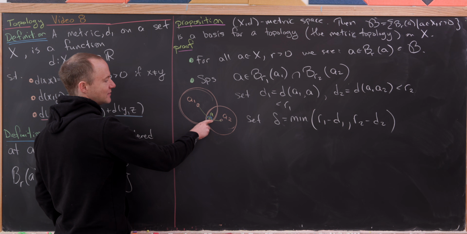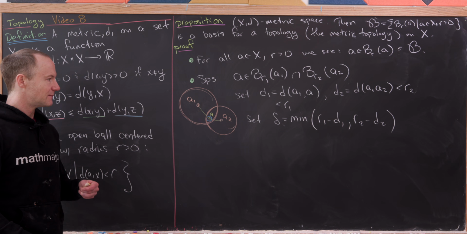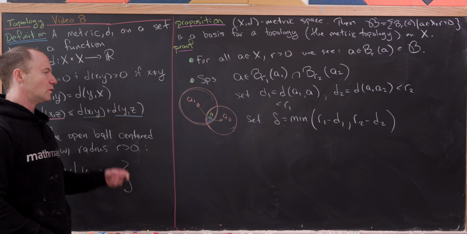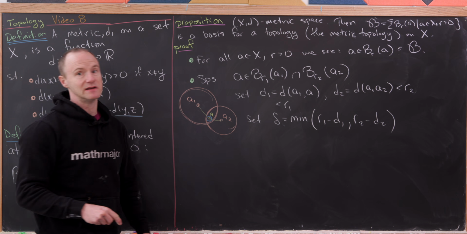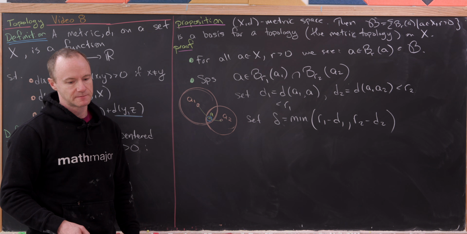And then R2 minus D2 is the distance between A and this other circle. So we're taking the minimum of those. If we take the minimum of those, then the ball centered at A of radius delta will be completely contained in both of those circles and thus inside of the intersection.